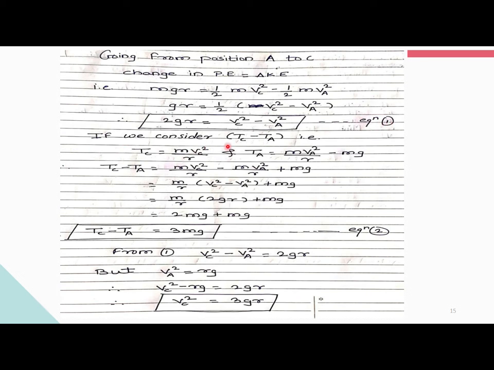If we consider Tc minus Ta, that is Tc is equal to mVc square upon R and Ta is equal to mVa square upon R minus mg.